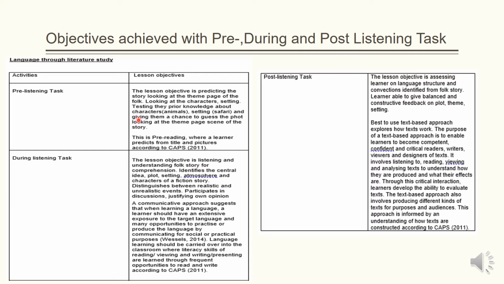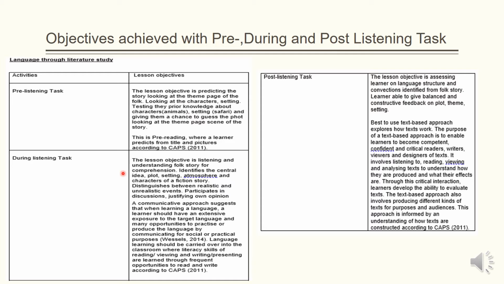So yes, the pre-listening did achieve it, because it helped you to predict. As a teacher, we've predicted from the title and the characters in the picture, that's pre-listening. So we've done the objectives according to CAPS, right?